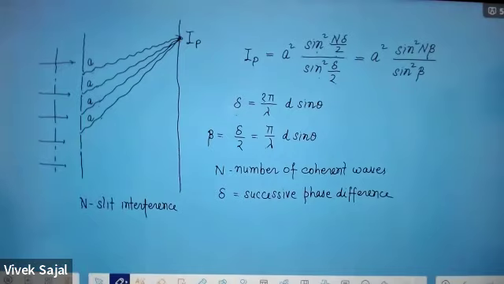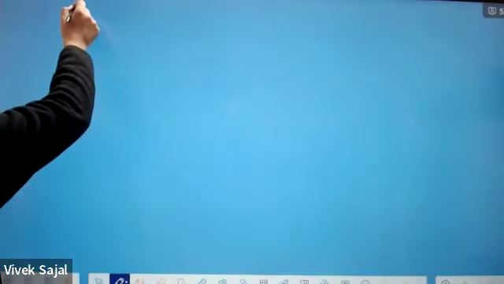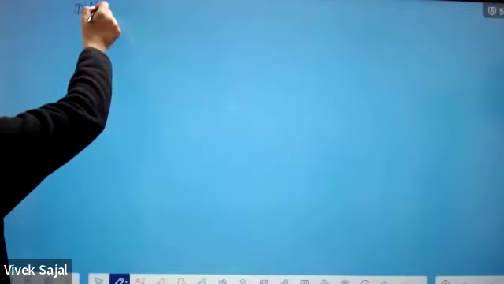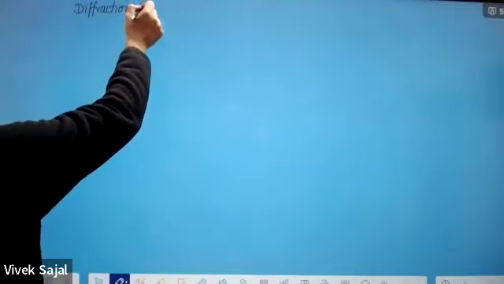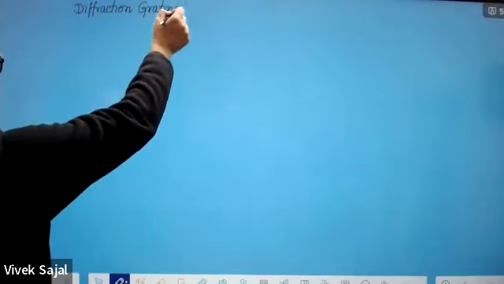Now I will use this formula here for n slit diffraction. Here, diffraction grating or n slit diffraction. Diffraction grating.